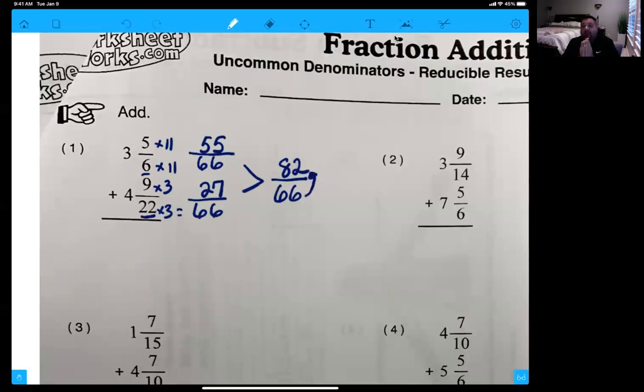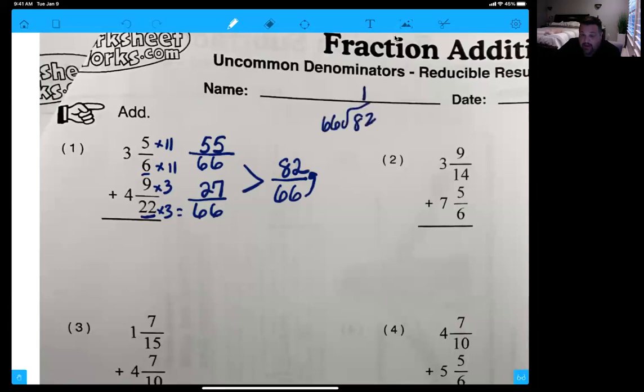So because this is a fraction, remember, fractions are pieces of a whole, right? But if that numerator on the top is bigger than the denominator on the bottom, if we can put the 66, the bottom number, into the top number, that means there's one whole in there, right? It's an improper fraction. We haven't even talked about that. We will. That means you need to reduce it out, right? So simply to reduce it, you're just going to put the 66 into the 82.